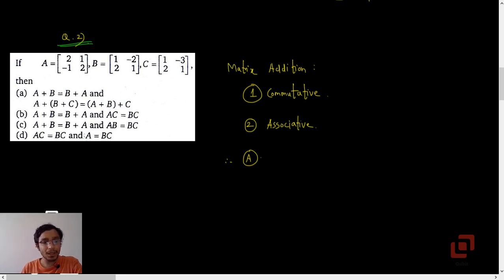Now, because in CET only one option is correct, if we select it, then there is no need to check the validity of the remaining options. And as far as possible, we will try to avoid the products, because multiplying two matrices is a time consuming task.